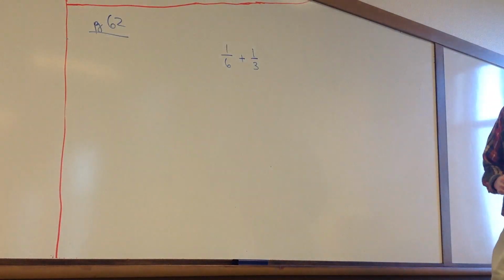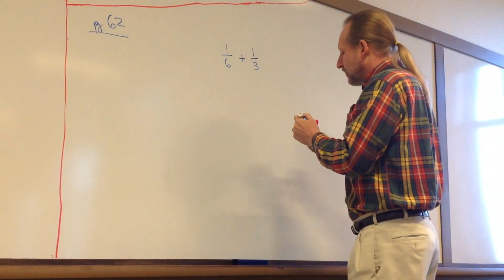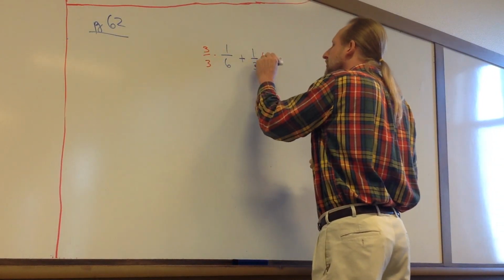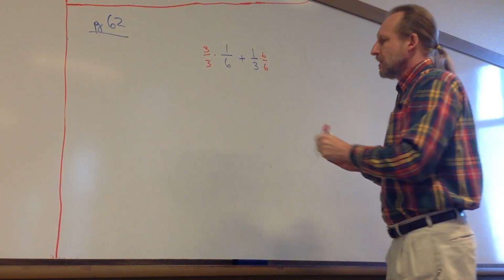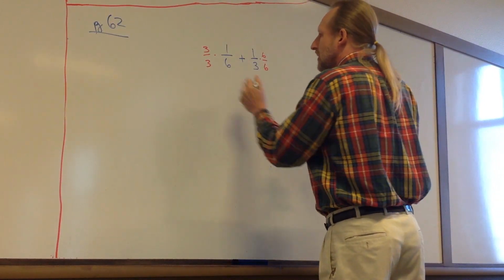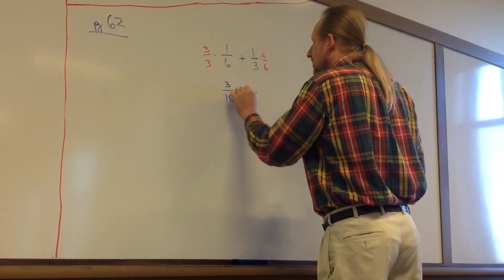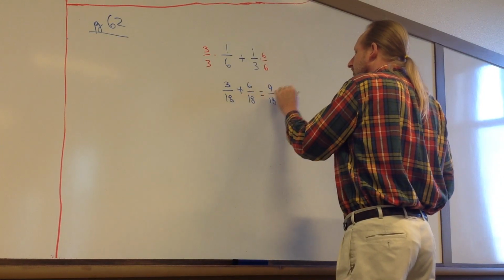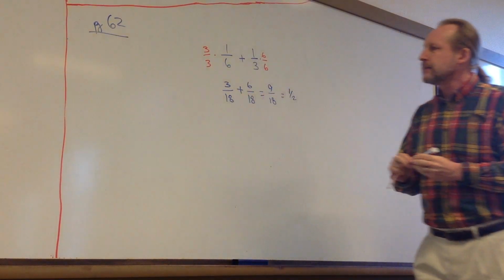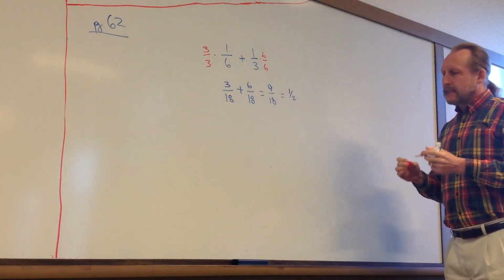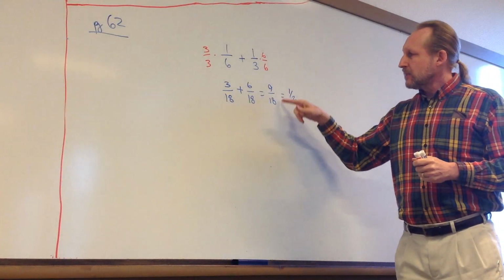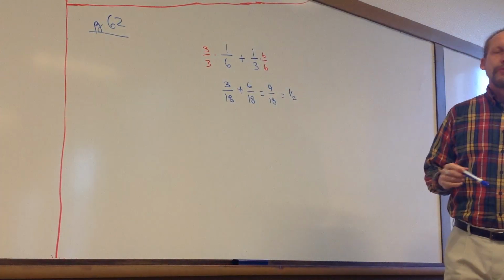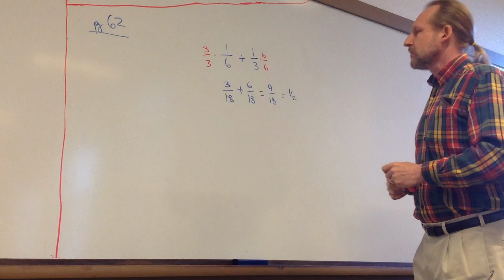In this case, we could just multiply by 3 over 3 and by 6 over 6 here. So this would then be 3 over 18 plus 6 over 18 is 9 over 18, which is a half. There's nothing wrong with that. It's just that reducing these fractions becomes more and more challenging when we're working with algebraic fractions.